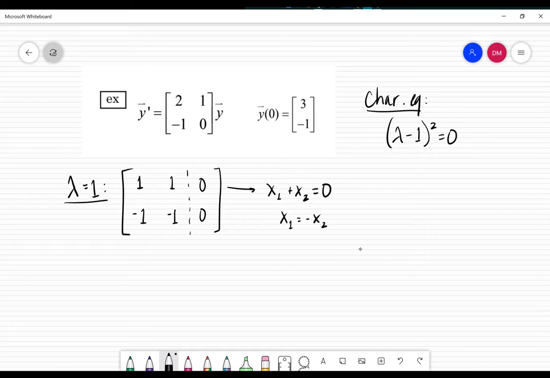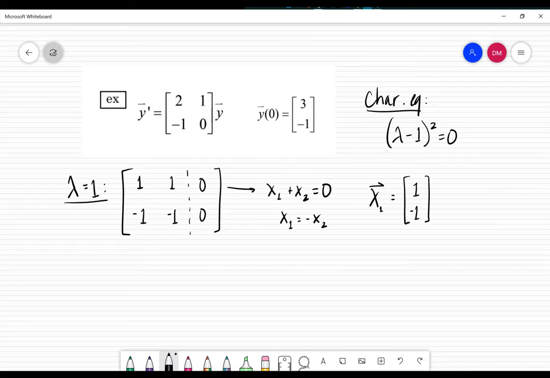So if I create an eigenvector that fits that, I could do 1 and negative 1 pretty easily, or negative 1, 1. Any other eigenvector I come up with here, though, is going to be a duplicate, a scalar multiple, linearly dependent on the eigenvector that I just came up with.